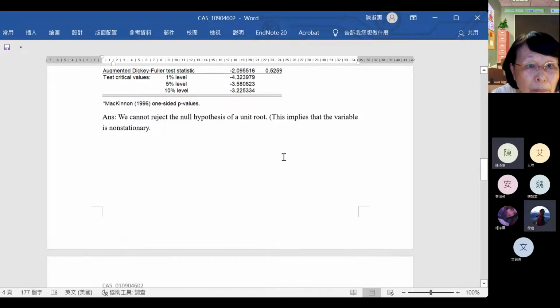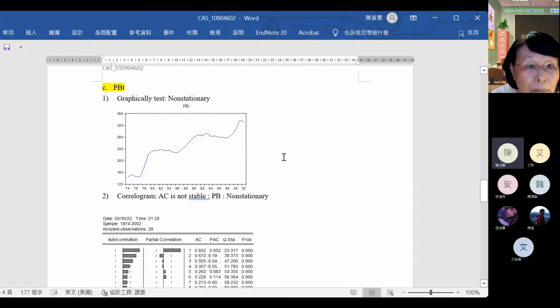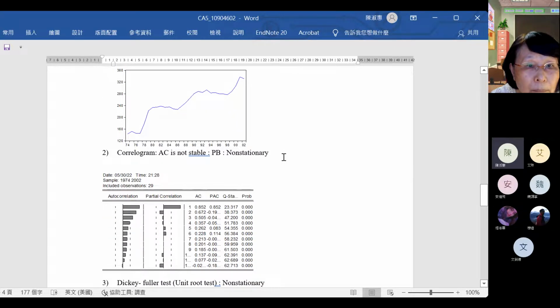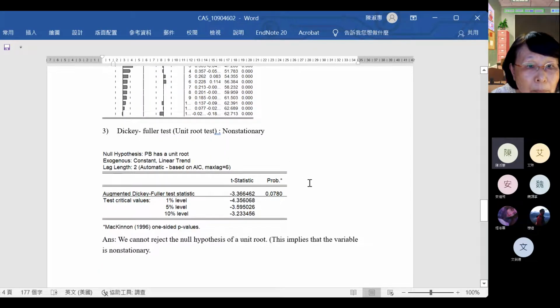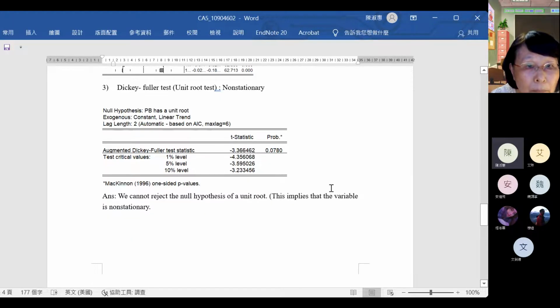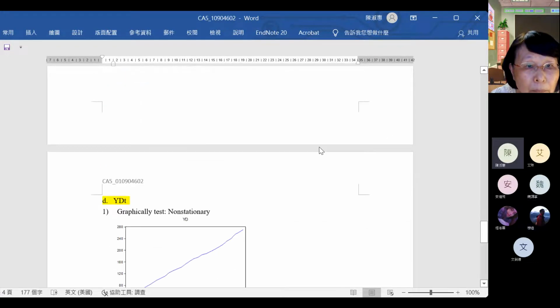So it is still non-stationary. About PB, the same situation from the graphical test and the autocorrelation test as well. And I did the Dickey-Fuller test. The probability is 0.07, slightly higher, so I still do not reject the null hypothesis of a unit root.